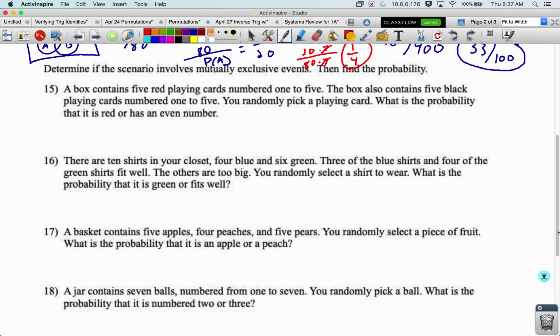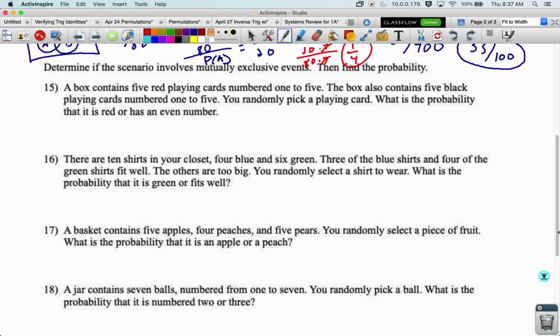All right, last ones. Determine if the scenario involves mutually exclusive events, then find the probability. So a box contains 5 red playing cards numbered 1 to 5, and also 5 black playing cards numbered 1 to 5. You randomly pick a card. What's the probability that it's red or has an even number? So this is not mutually exclusive.